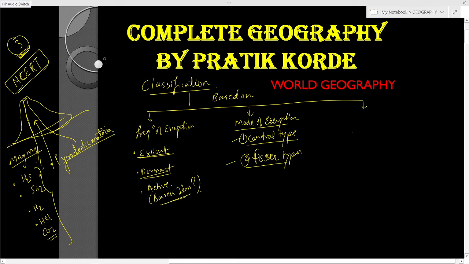Third is based on characteristics of lava, and this is the area where questions can be framed. There are basically two types of lava, basic and acidic. If it is acidic lava, it is going to make a composite volcano.